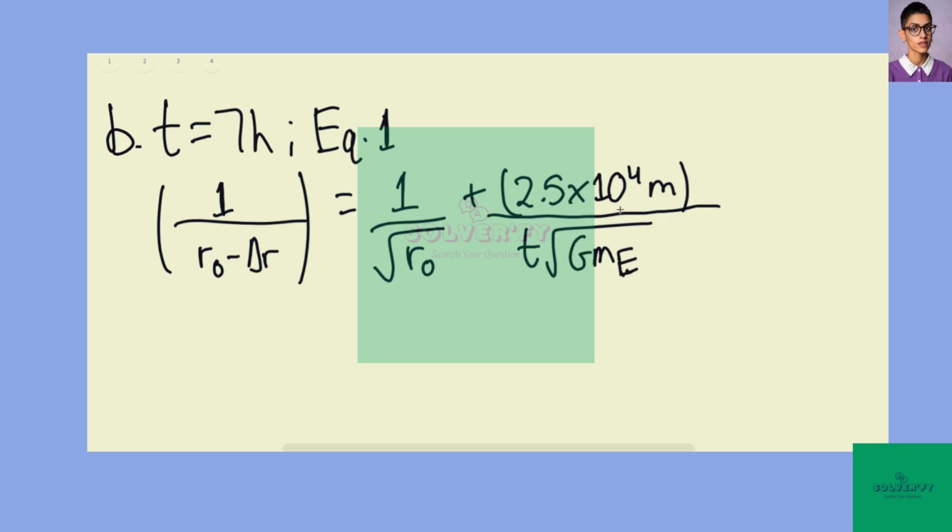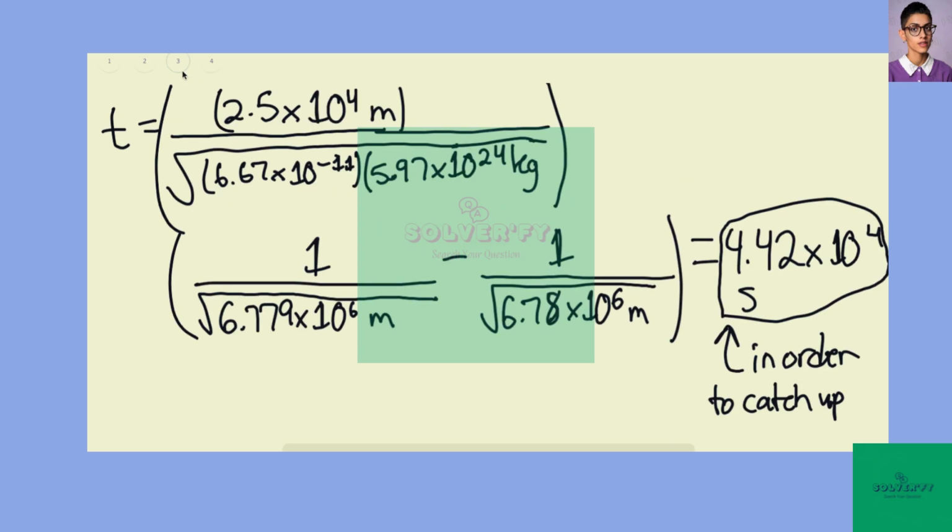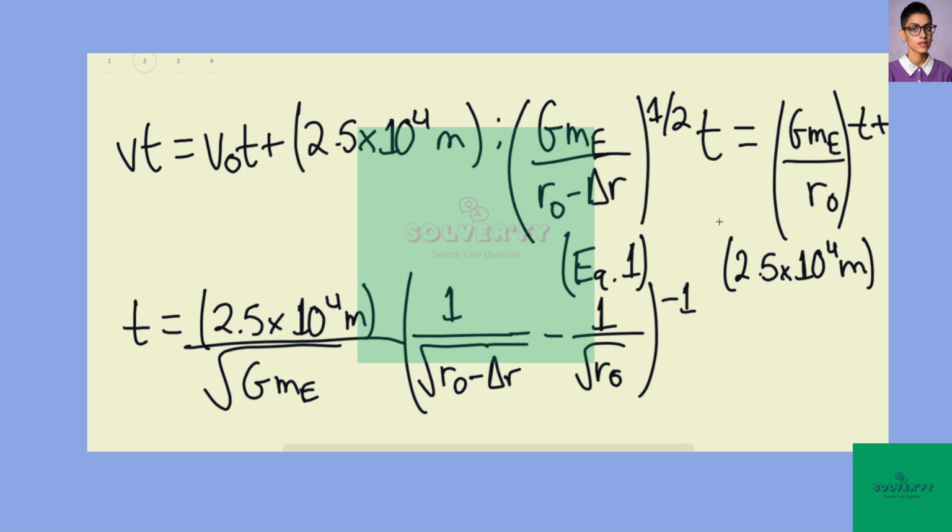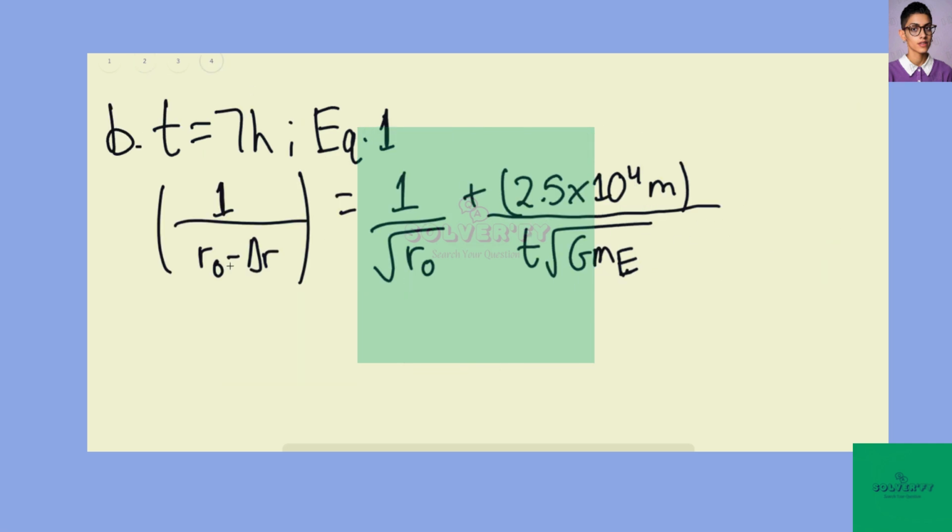So this is simply algebraic manipulation from, again, equation 1 here in order to isolate the original distance minus the change in distance.